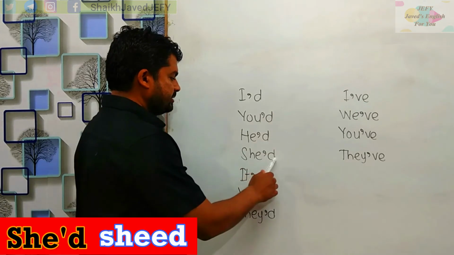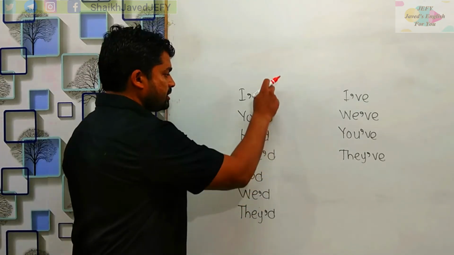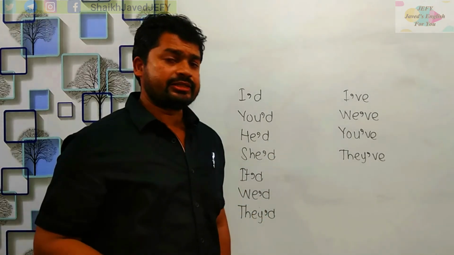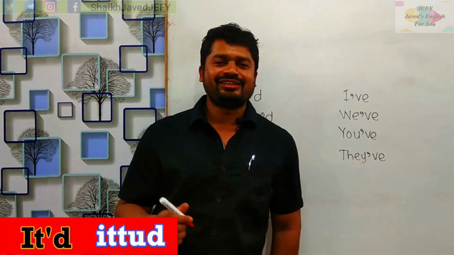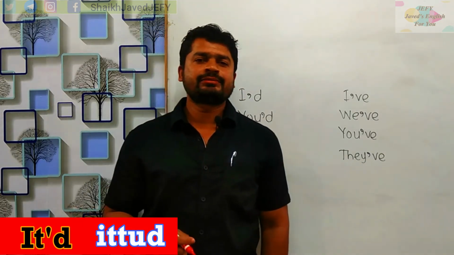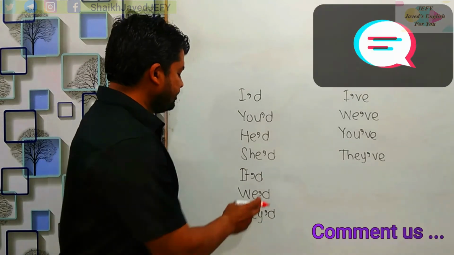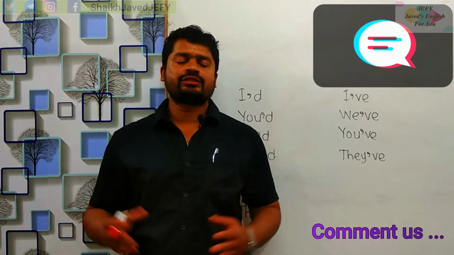And she'd, like that. These are actually having one syllable, but look at this one, it'd. It sounds a little bit funny, it'd. It has 2 syllables.